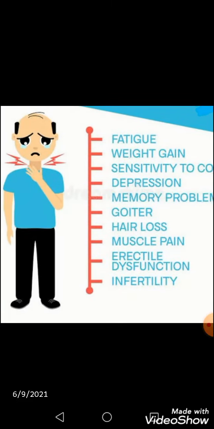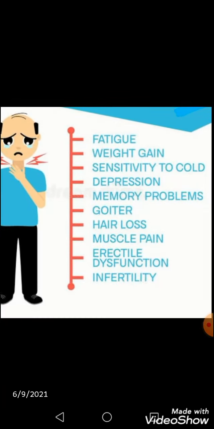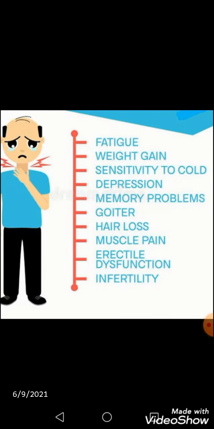And if we expect a hypothyroidism case, we can find that a patient may come with fatigue, weight gain, sensitivity to cold, depression and memory problems, and other symptoms and signs like goiter, hair loss, muscular pain, etc., right? And we expect that they are due to inadequate secretion of TSH due to local inflammation of your thyroid gland.